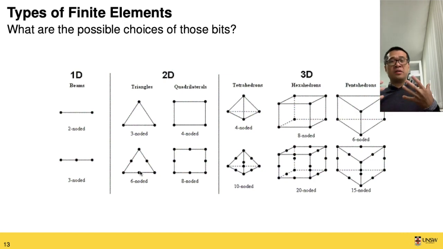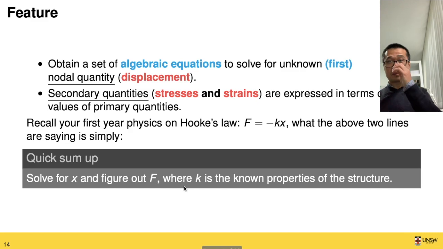If you put more nodes in, you will have finer control of the force distribution over your whole structure, and you will get a more accurate description of what happens when your structure is put under external load. But of course, that also increases the associated computational cost to solve the problem, right?